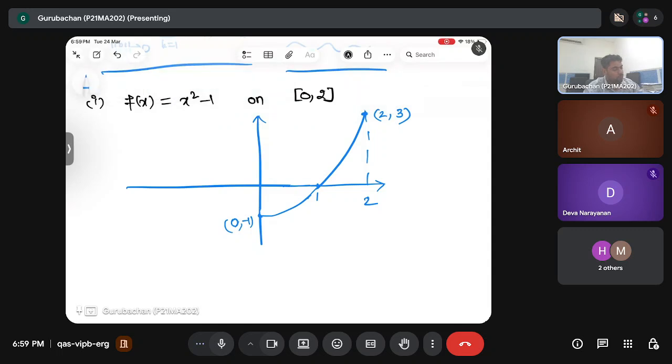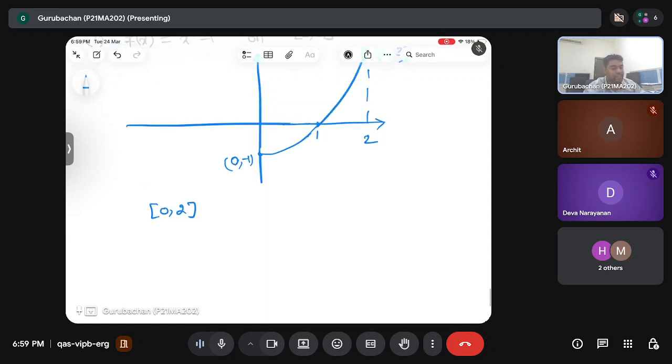In the first part, first of all, you need to divide this 0 to 2 into 4 equal subintervals. What is the length of this interval? 2 units. Now you need to divide into 4 subparts, so 2 must be divided by 4, and the length of each subinterval is half a unit.